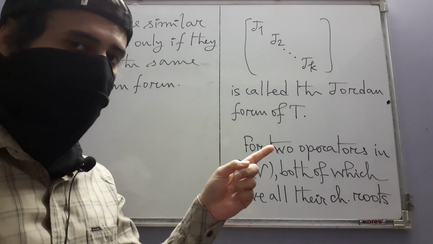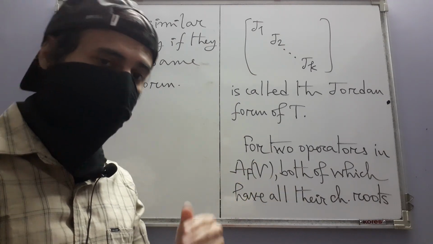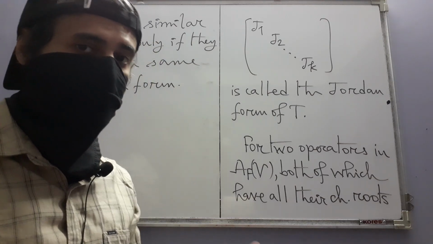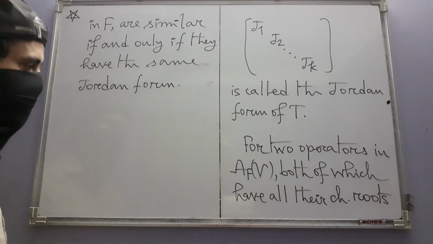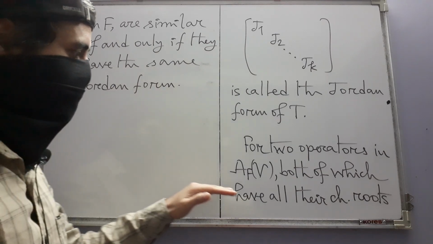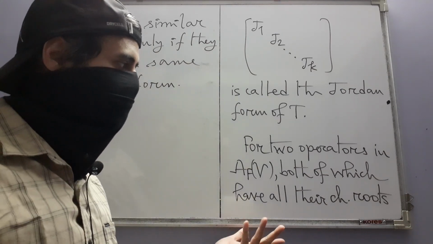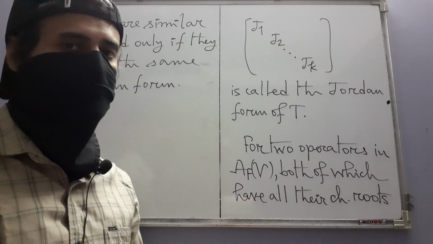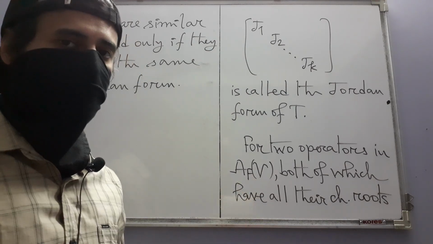The general situation where this is not necessarily the case, that we will discuss in the next section in rational canonical form. After this, there is a small discussion on the matrix version of all these things, which however is so easy that I leave that discussion to you to understand. It is in fact easier than the operator version.